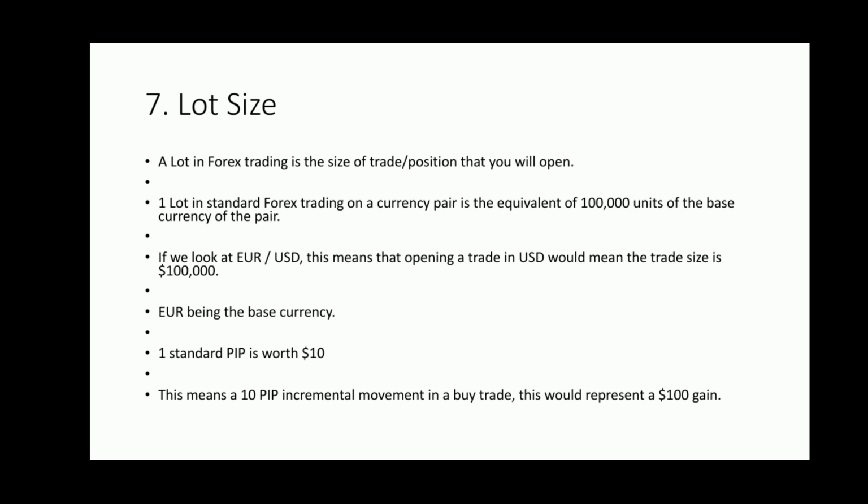Now, Euro being the base currency, 1 standard pip is worth $10. So this means a 10 pip incremental movement in a buy trade would represent a $100 gain. So this is based off a standard lot.